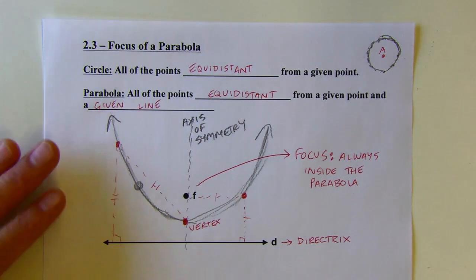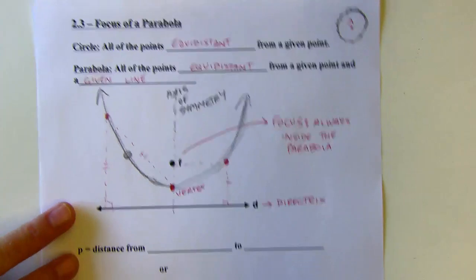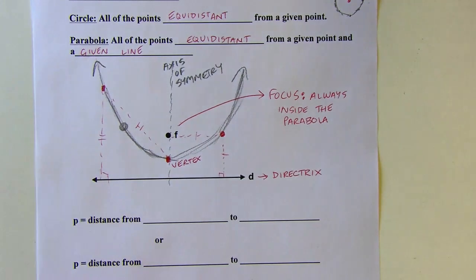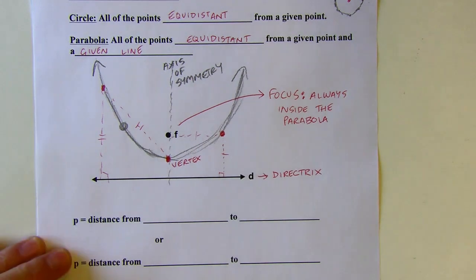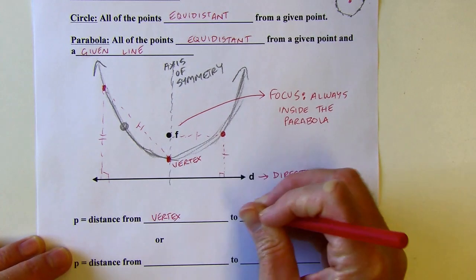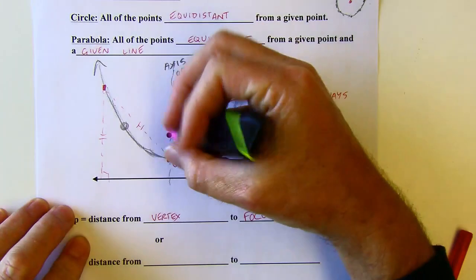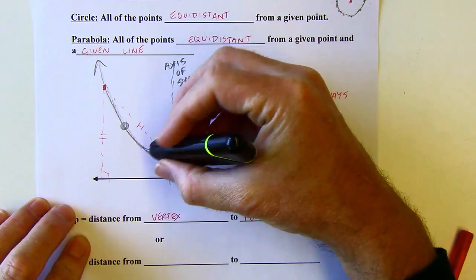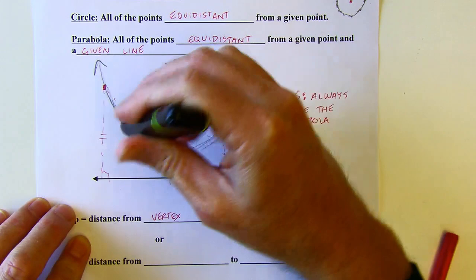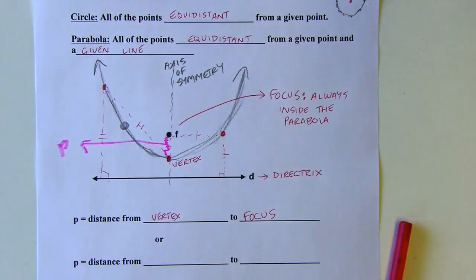Okay. All right. So there's something called my p-value. If I scroll out a little bit here, I'll just scroll down. Okay. My p-value is going to be the distance from the vertex to the focus. Okay, so this distance then, that's the p-value, okay?